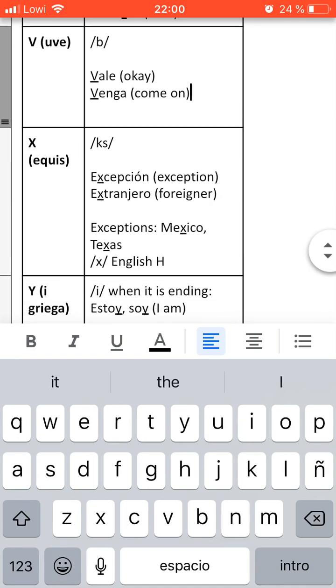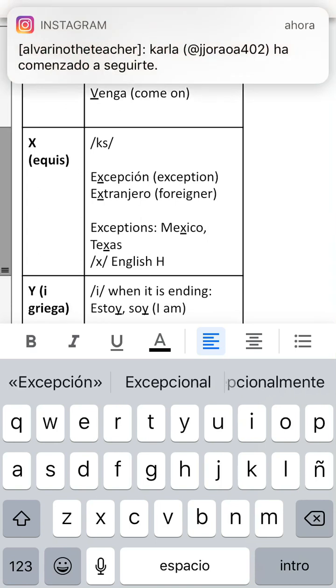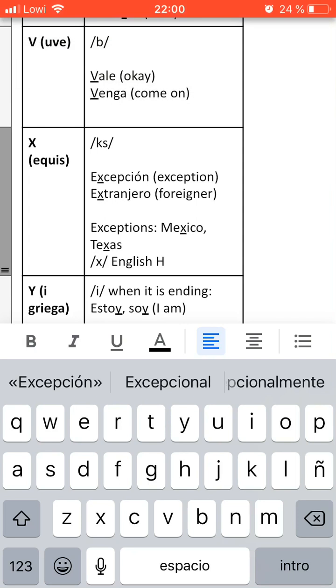The letter X is the same as in English. We can see it in words like excepción, which means exception, and in words like extranjero, which means foreigner.